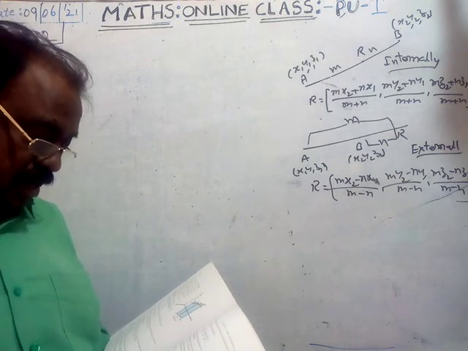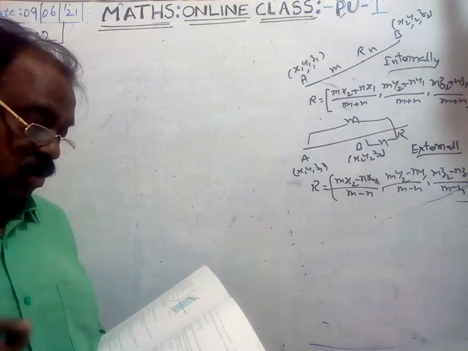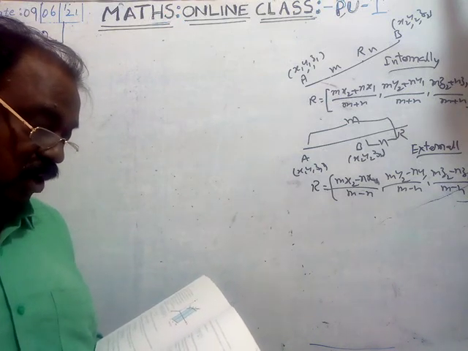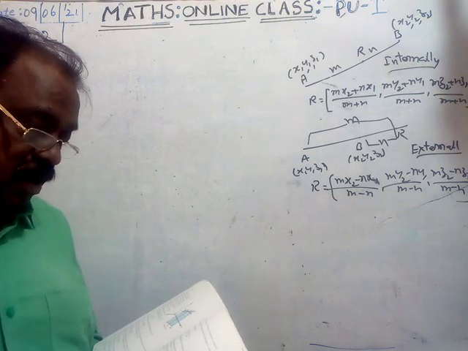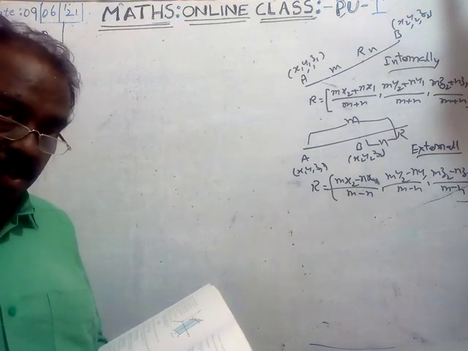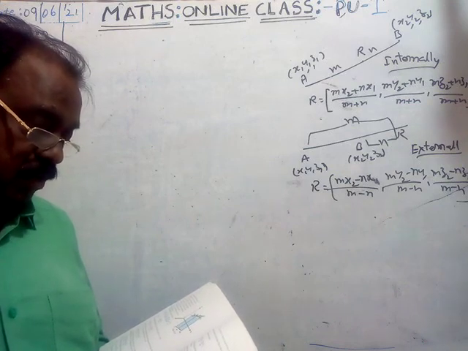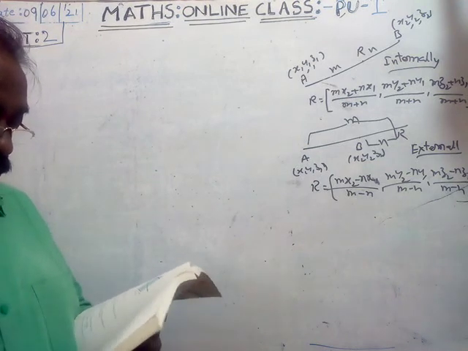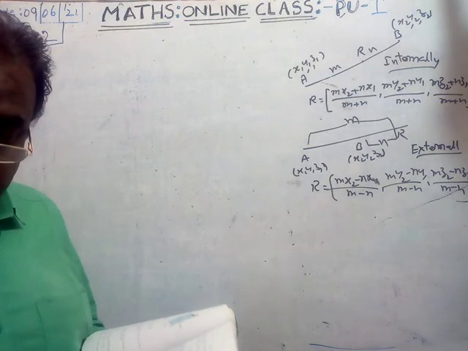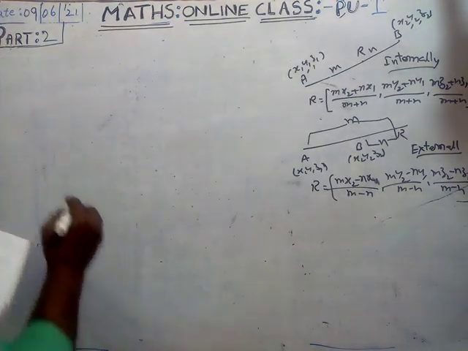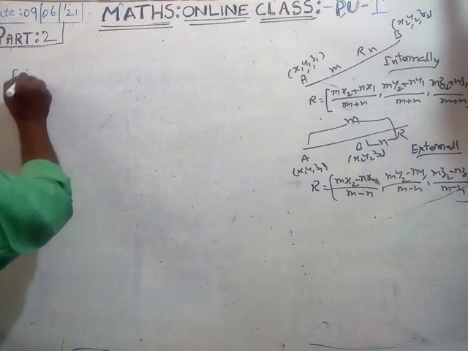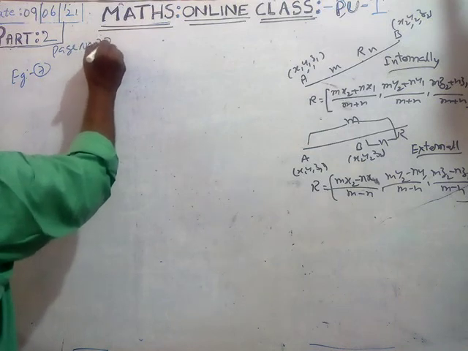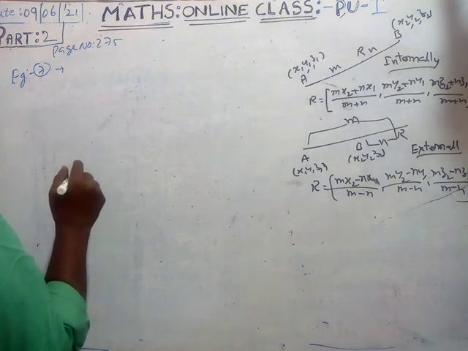This is very important, already asked in the exams. Page number 275, examples 7 and 8, I want to solve. Find the coordinates of the point which divides the line segment joining the points (1, minus 2, 3) and (3, 4, minus 5) in the ratio 2 is to 3, the first one internally and the second one externally.